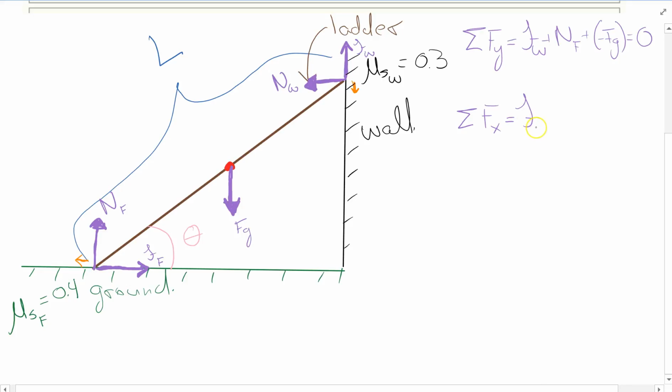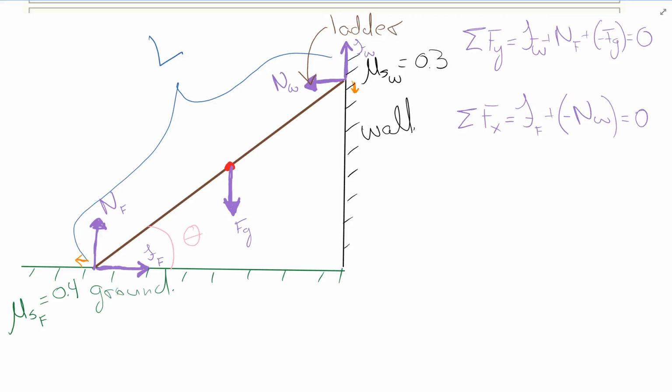My friction force from the floor is positive because it points to the right, plus my negative because it points to the left, normal force from the wall, and that will equal 0. So I've got these 2 sums. Unfortunately, they're full of unknowns, so that's going to be pretty difficult for us. That's okay. You're going to see that this is all going to work out really nicely. Unfortunately, there's not a lot of numbers, which might be uncomfortable for some of us, but this is why we're going to take it slow. It's all going to work out in the end.